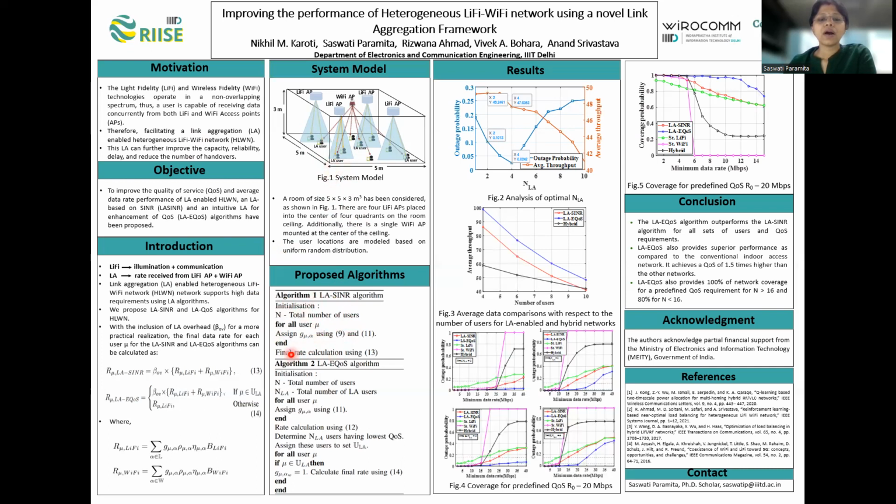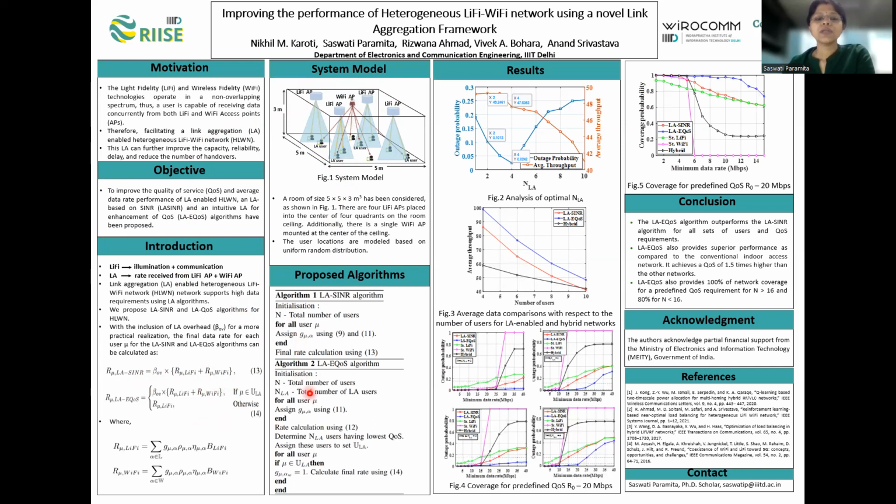That means all the users will be connected to the LiFi AP as well as the Wi-Fi AP, and this G mu alpha is the connection variable, and the rate of the users will be calculated by using this formula, where beta OB is the overhead for link aggregation, which accounts for packet reordering and synchronization happening at the central controller, which is controlling all the APs. Those effects have been considered in this work.